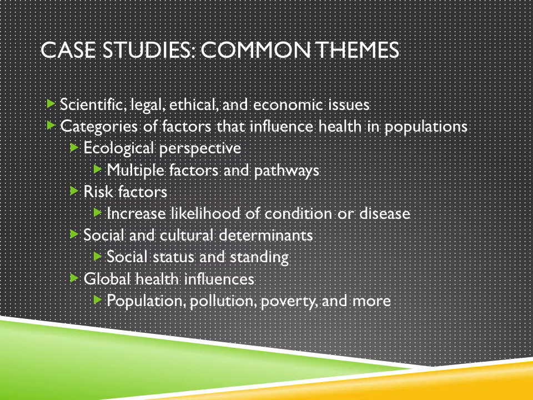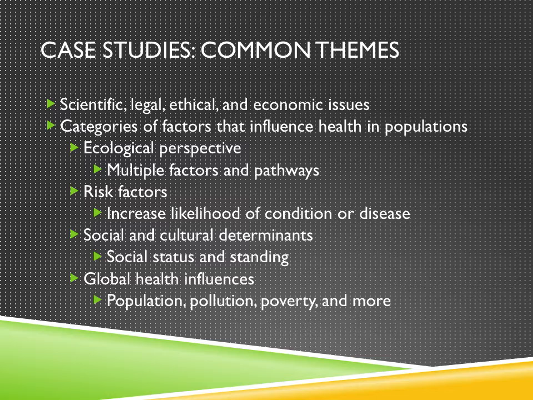From the ecological perspective, as we've said, we concentrate on the interaction of multiple factors and pathways. Assessing risk factors, we determine their increased likelihood of causing a certain condition or disease. And essential to public health practice today are social and cultural determinants, such as social status and standing.